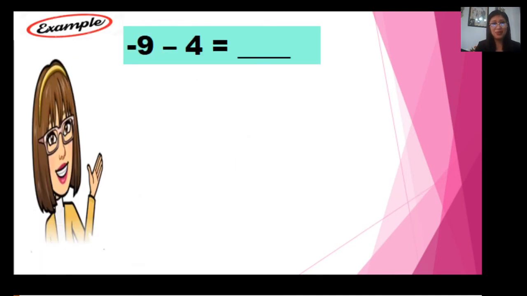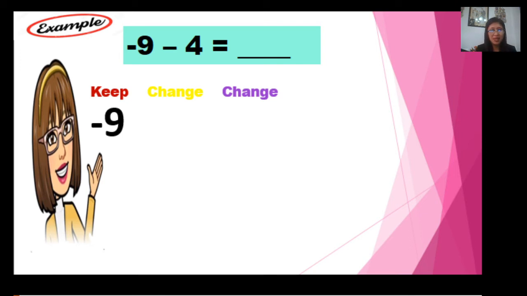Let's have an example. Negative 9 minus 4. So, to answer this, let us follow the steps. Keep, change, change. So keep, what will you keep? The first integer, that's negative 9. Just copy it. Then, change the minus sign into addition.